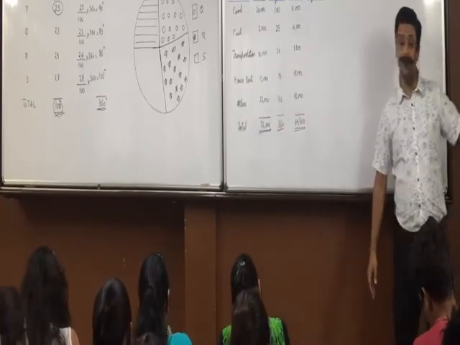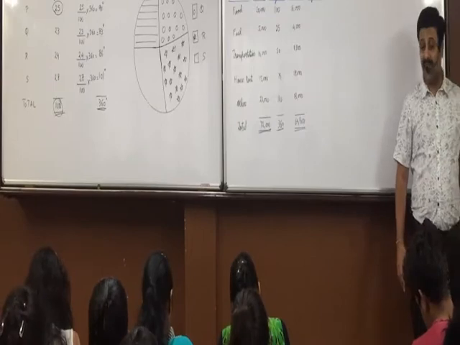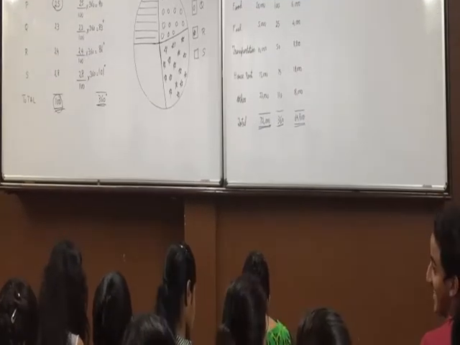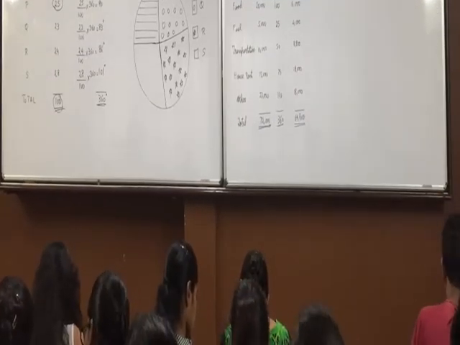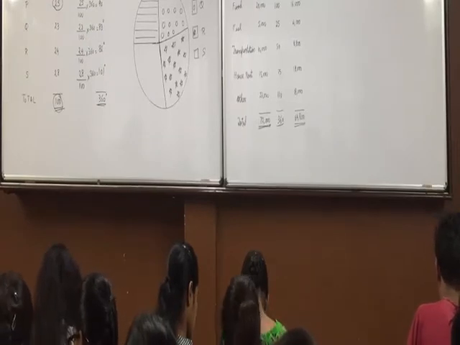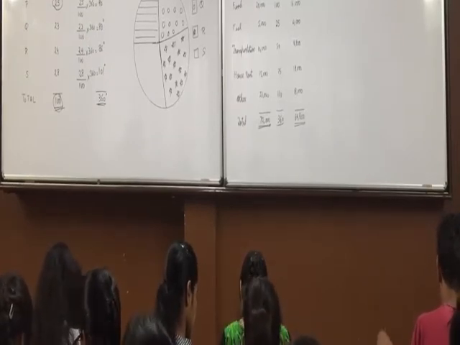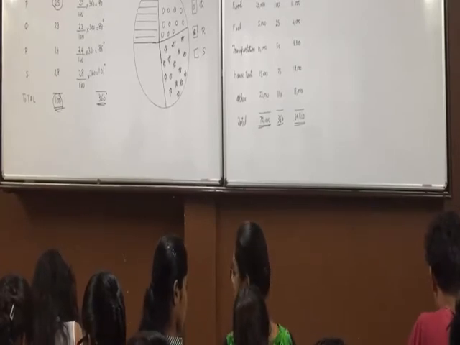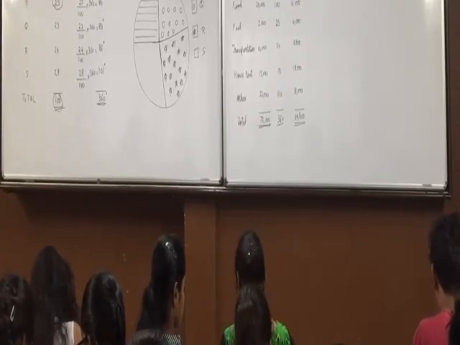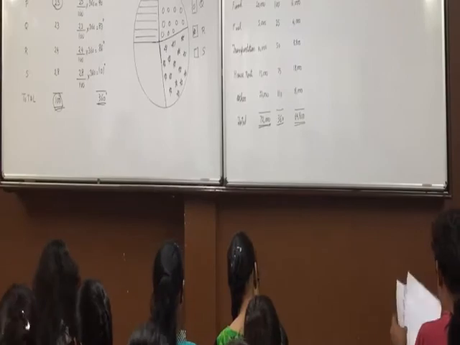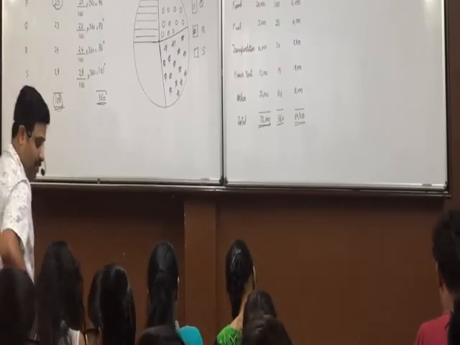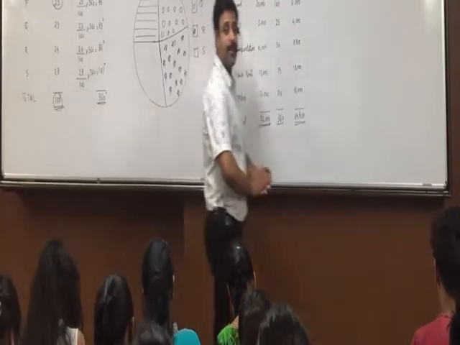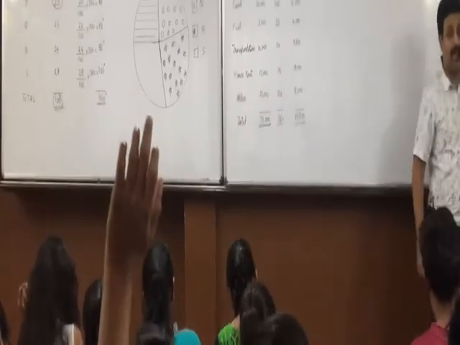Do you all get this? Who has done family B also? It is not 6,480, it is 64,800. You have written 6,480; do it again, 4,000 divided by 64,800 into 360. Okay, who all have done the angles?